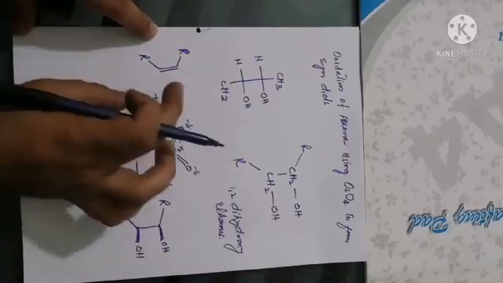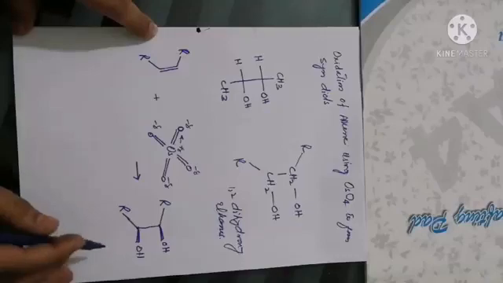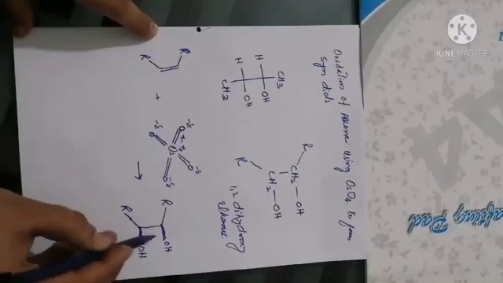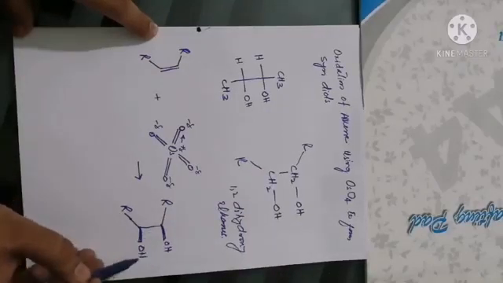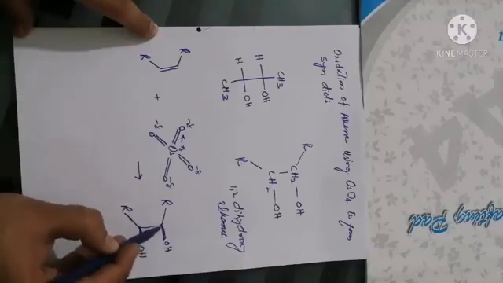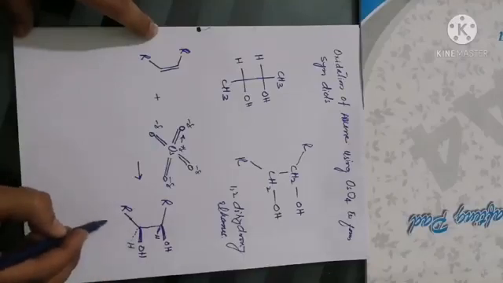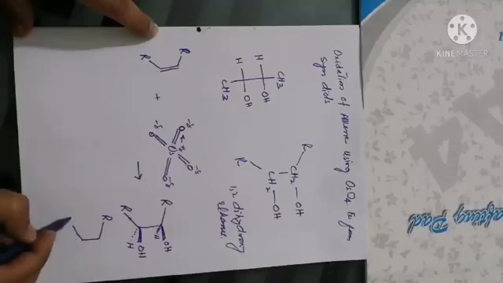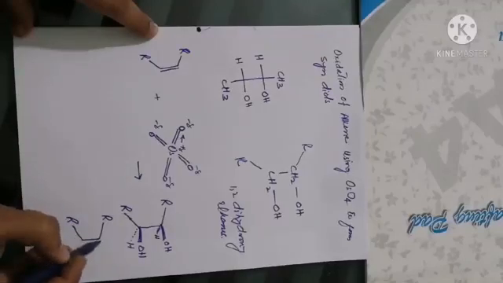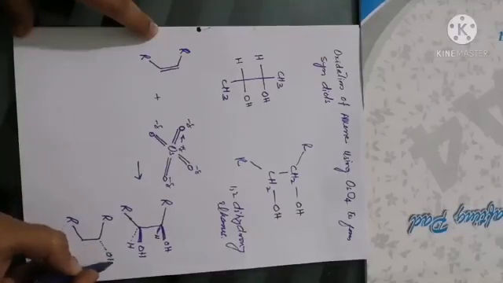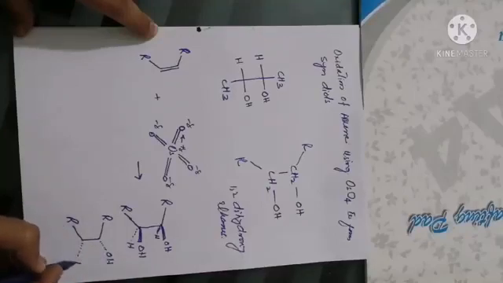Since the olefinic double bond has two faces, we can draw the diol like this, where two hydroxyl groups are on the front side, or you may draw it like this, with two hydroxyls on the rear side.